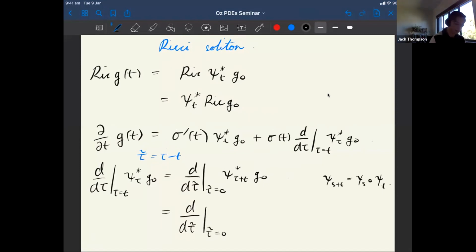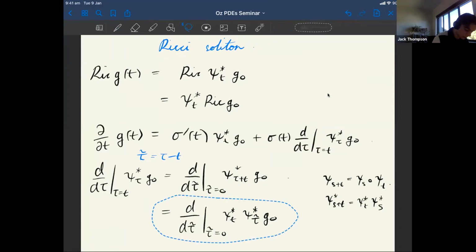And when I do that, I also use that the pullback, that's at t, is given by the following, to get this, like this.